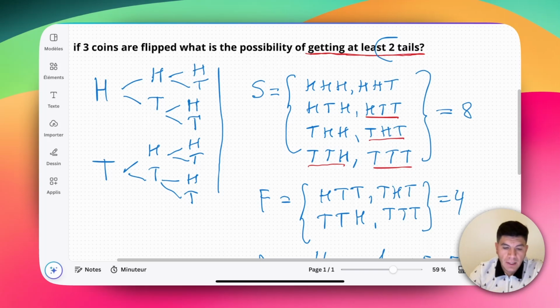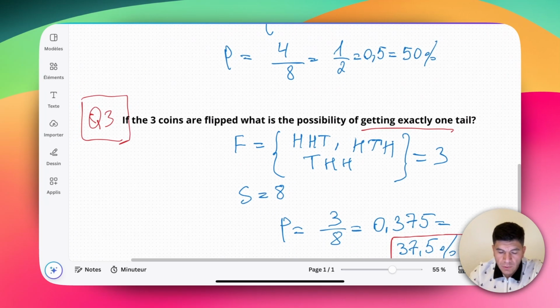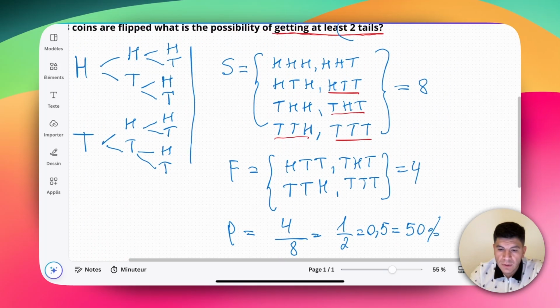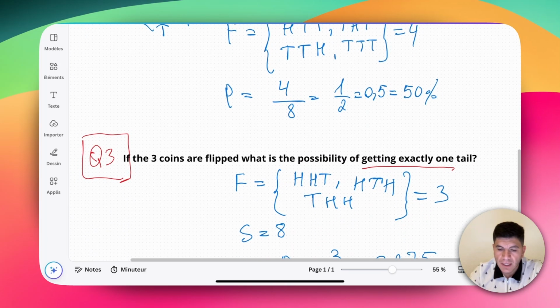And here we have the third question: if the 3 coins are flipped, what's the probability of getting exactly 1 tail? So here we have to have only 1. It's important to pay attention to whether it's at least or exactly 1 tail. From here we choose the outcomes that have only 1 T, which gives us HHT, HTH, and THH.